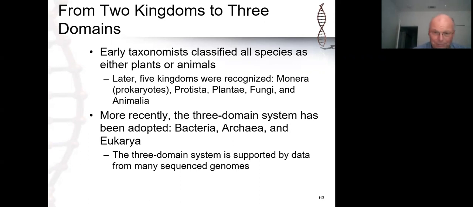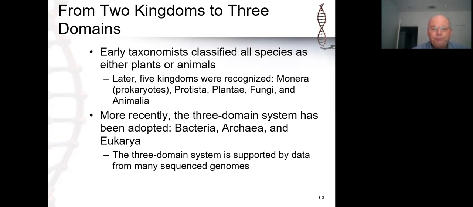We also said the kingdom Protista is no longer supportable. Remember, it is very hard to imagine a common ancestor to all protists because of the huge diversity of protists. And we also have to bear in mind that while Protista was considered to be a kingdom of unicellular eukaryotes, many multicellular eukaryotes got placed in there because they simply could not be placed in the three multicellular eukaryotic kingdoms because they didn't fit.